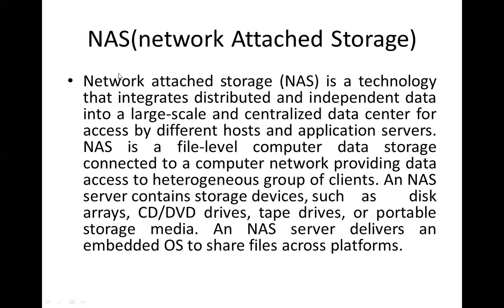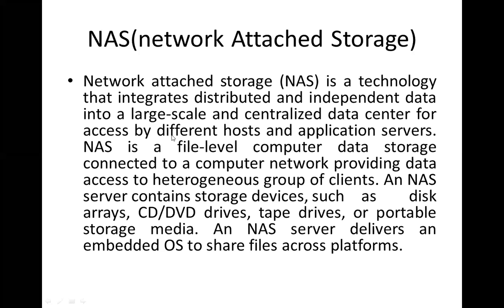Now, NAS. This network attached storage is a technology that integrates distributed and independent data into a large scale, centralized data center for access by different hosts and application servers. NAS is a file level computer data storage connected to computer network, providing data access to a heterogeneous group of clients.